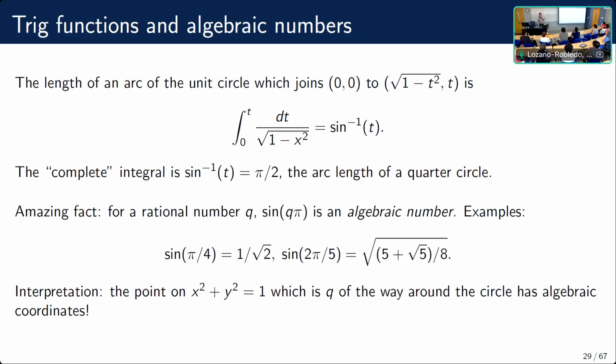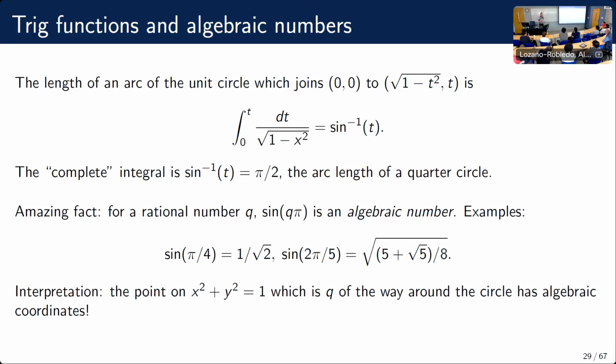That's how calculus could invent the sine function for you. And then if you plug in a rational multiple of pi, so I could phrase that as sine of q pi, where q is a rational number, then an algebraic number has to come out, like the root of some polynomial with rational coefficients. As an example, sine of pi over 2 is this one. Every student of trigonometry knows this.